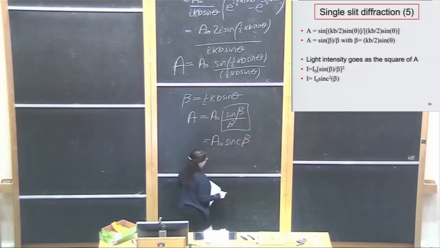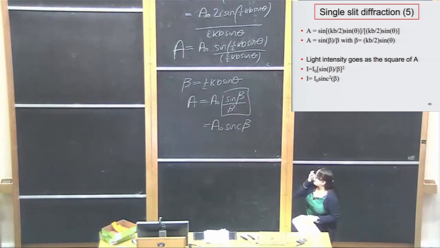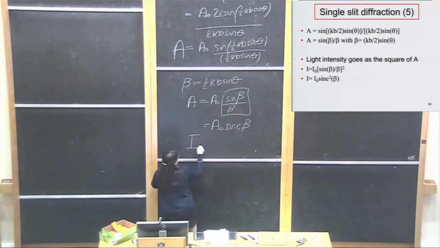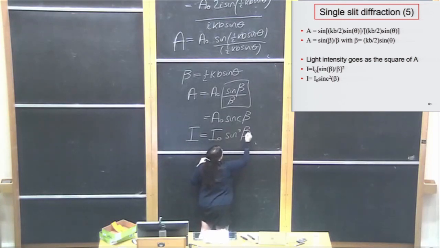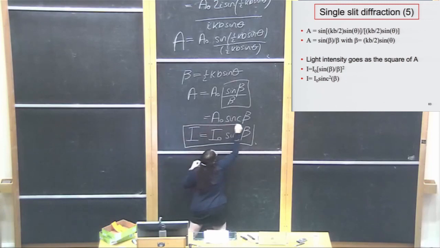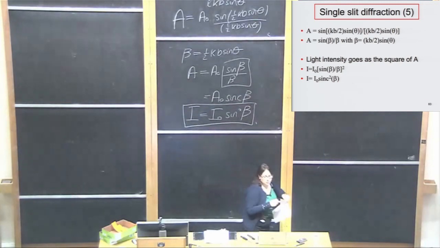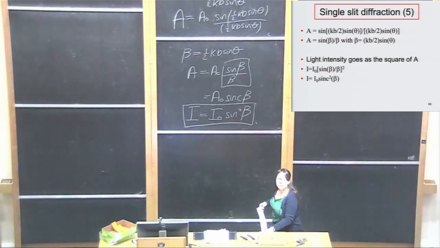It's called the sinc function, so sinc beta. And the intensity, of course, goes as the square of that. So now I'm just going to convert that: I equals I naught, sine squared beta over beta squared. And that is our final expression for the intensity. Everybody happy with that?